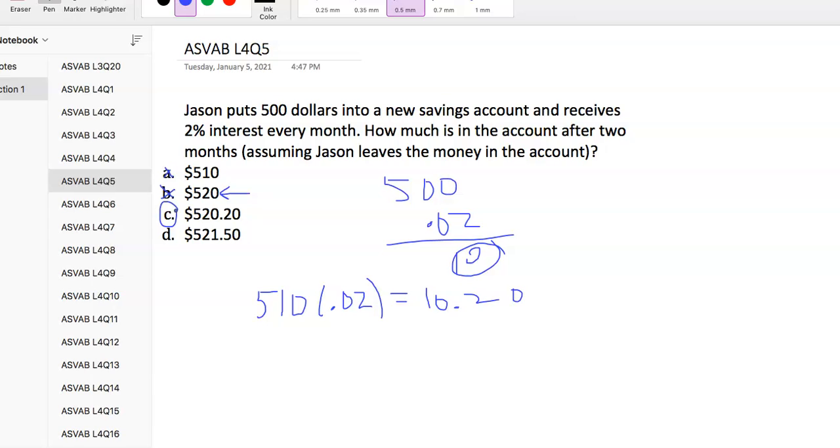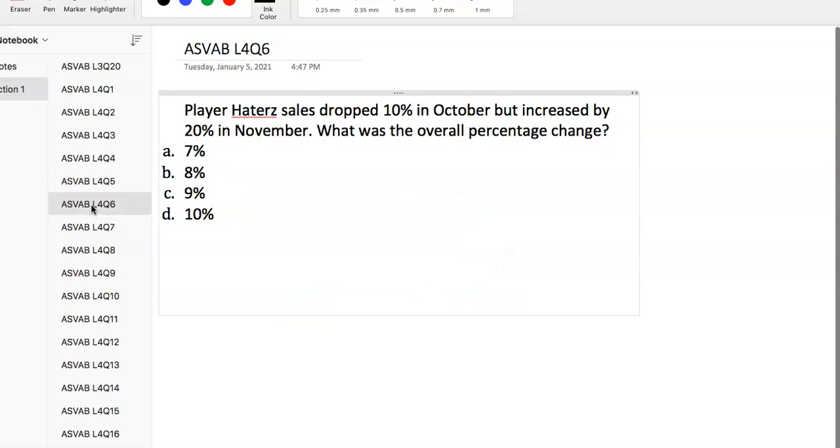And just remembering when it's multiple months and if it's getting interest every month like that, you got to do exactly what we did here. All right, on to question 6. Player Haterz sales dropped 10% in October, but increased by 20% in November. Overall percentage change. Okay, so similar.